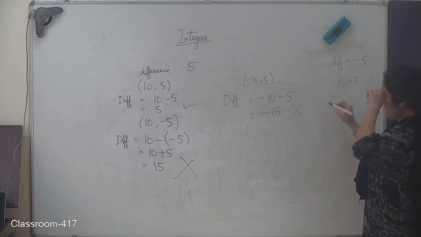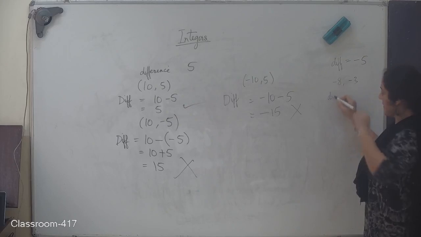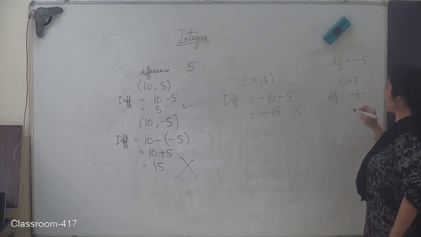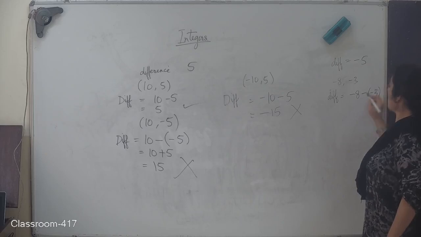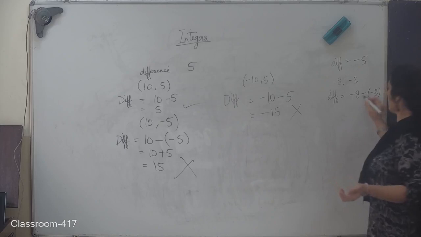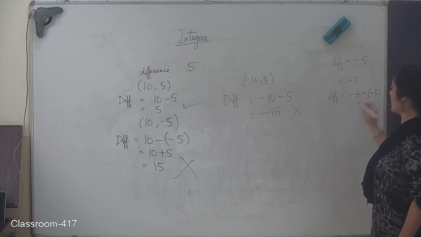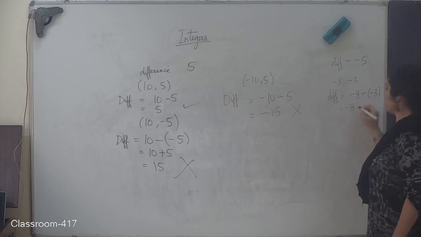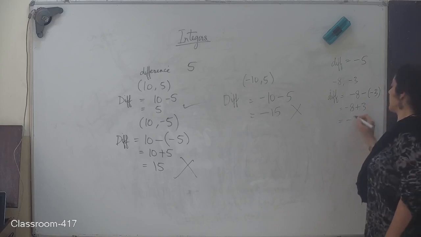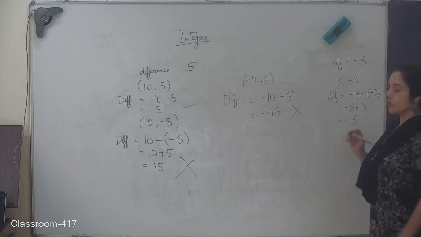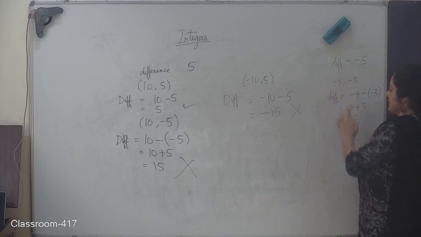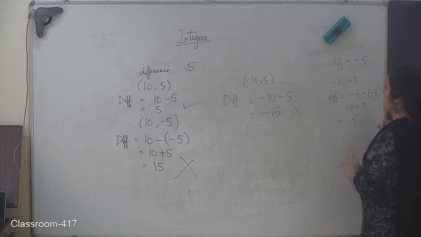Now when I want to find out the difference, I will write my first integer minus the second integer, this negative sign because I want the difference. So minus 8 minus minus 3, which becomes minus 8 plus 3, which becomes minus 5. So when I want the difference minus 5, if I took minus 8 and minus 3, it is minus 5.